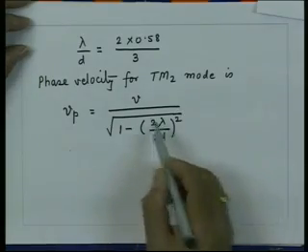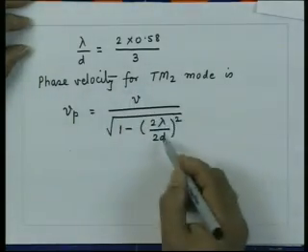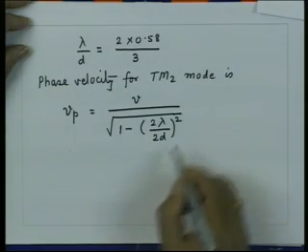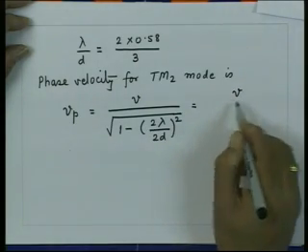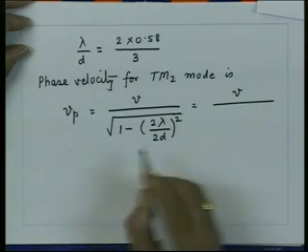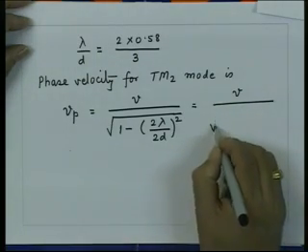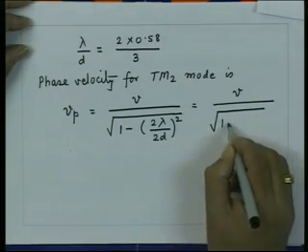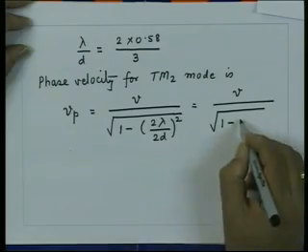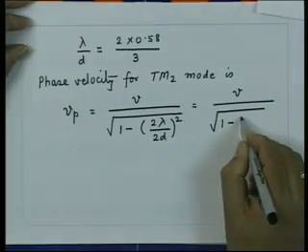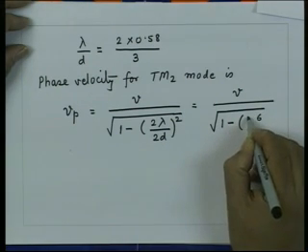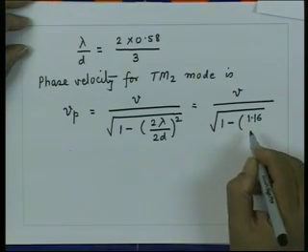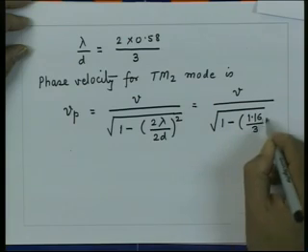We can substitute for lambda upon d from here. The 2 will cancel, so this will be equal to V divided by square root of 1 minus (1.16 divided by 3) whole square.